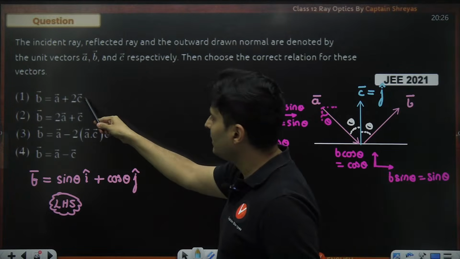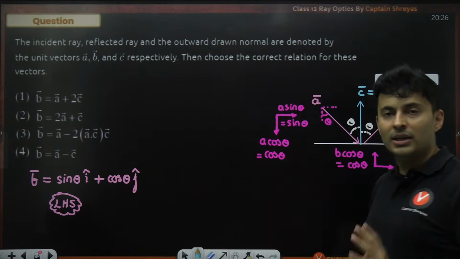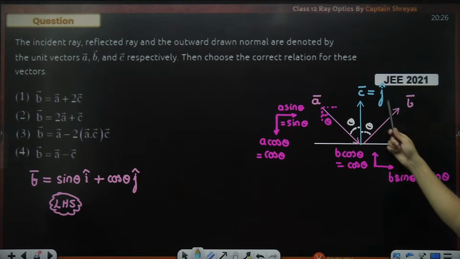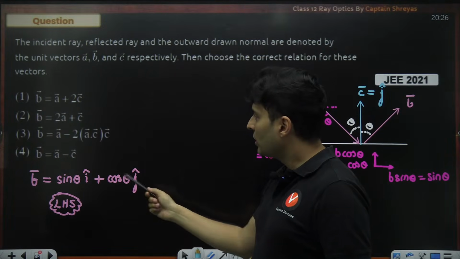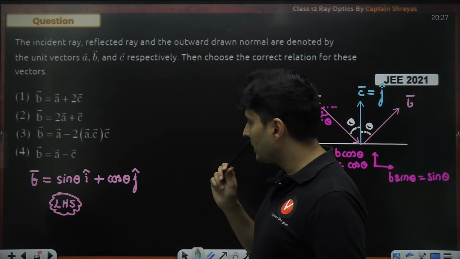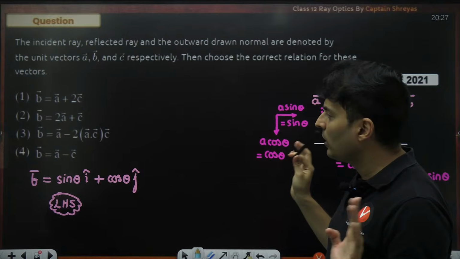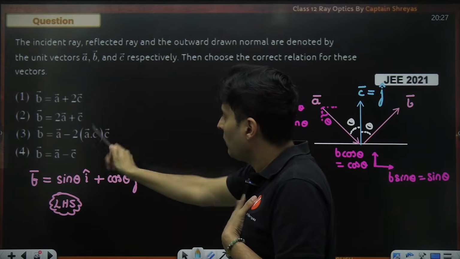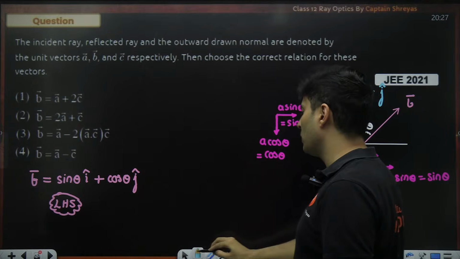So I don't think this or even this will give. By the look of it, it is not going to be true, guys. How will that pure j cap get cancelled? I don't see it getting cancelled otherwise. I don't think it will be 1, 2, or 4. I'm guessing it should be 3. We'll verify it. If I'm wrong, we'll check out some other options.